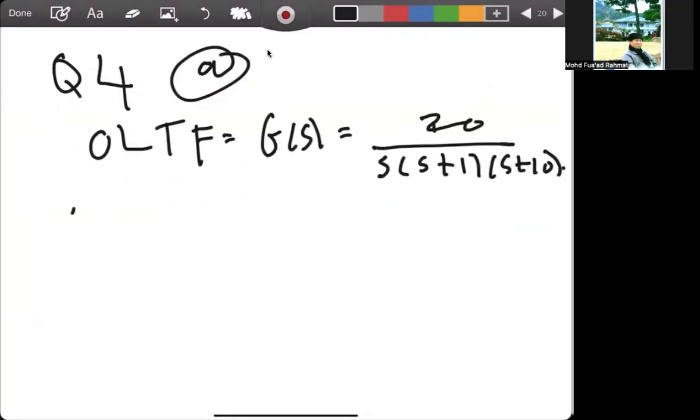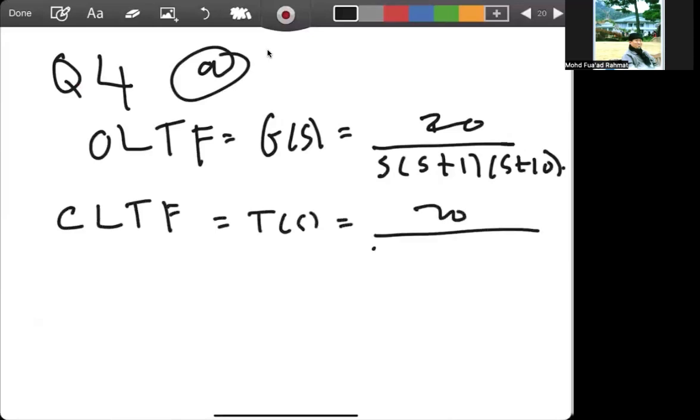Okay. Then closed loop transfer function. Then characteristic equation.